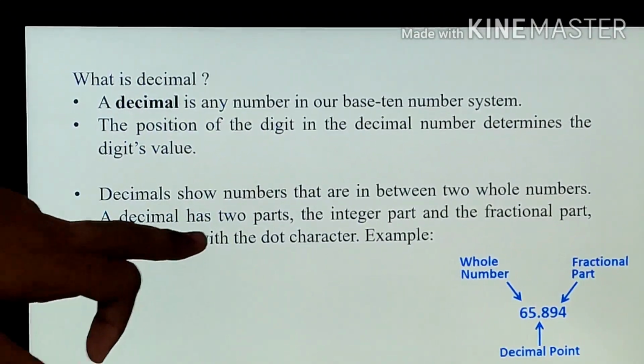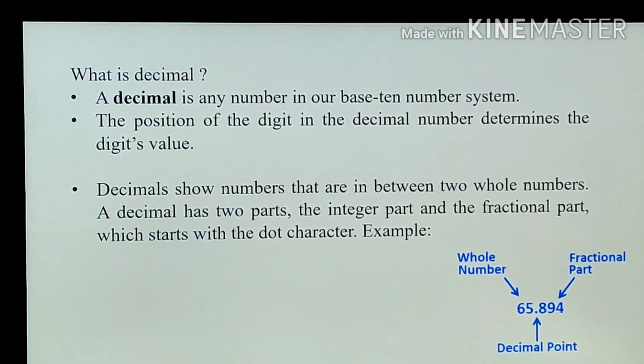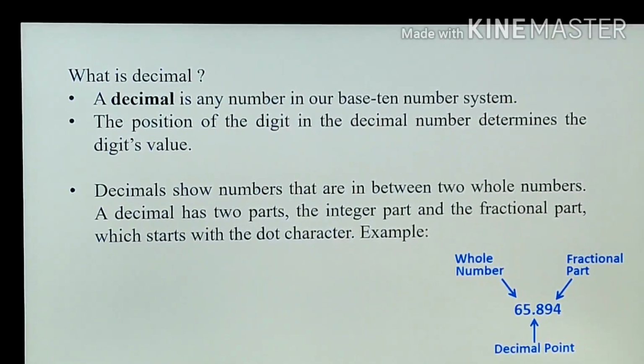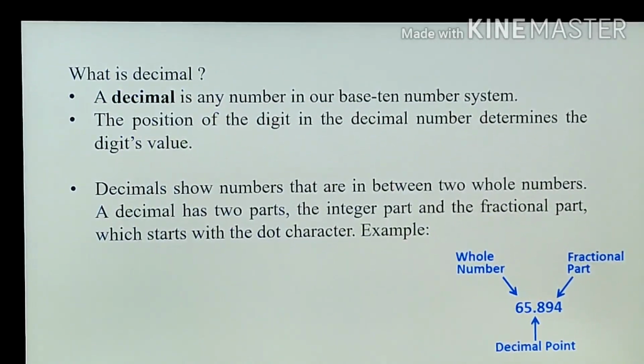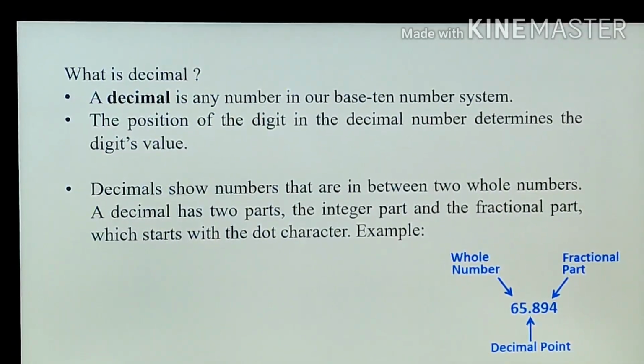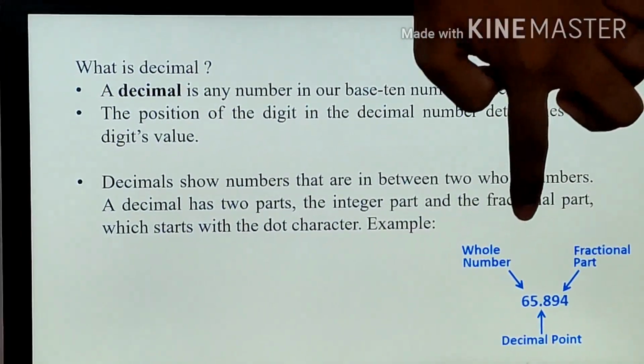Next, any decimal number will have two parts: an integer part and a fractional part, which starts with the dot character, which we call the decimal point.